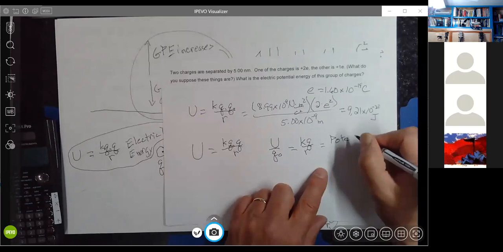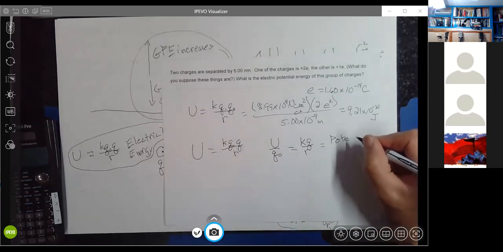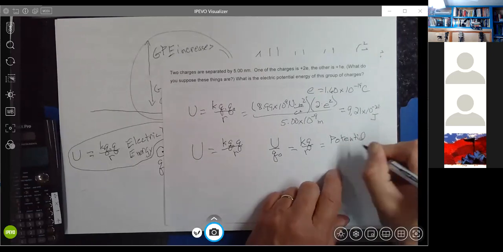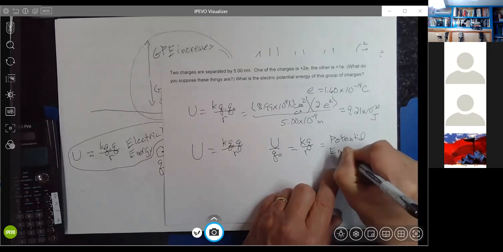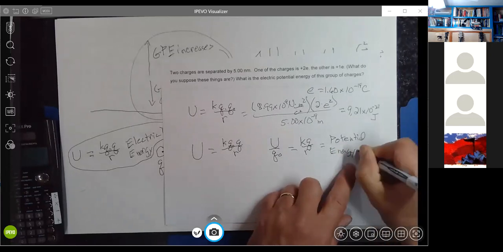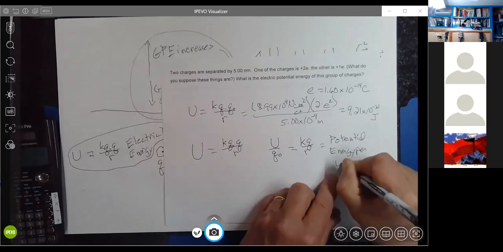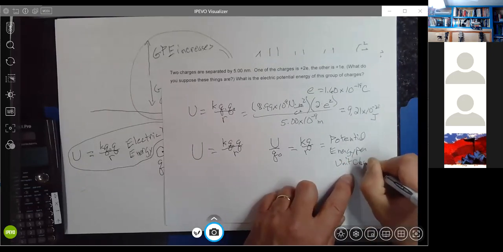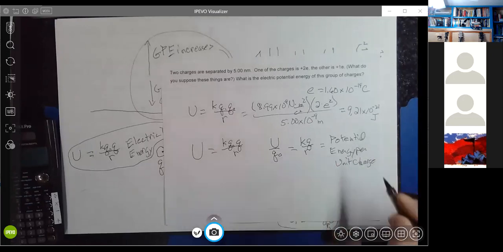Energy is abstract already, and now we're taking it to a further level of abstraction. Potential energy per unit charge.